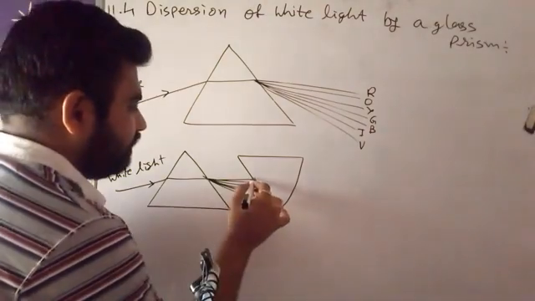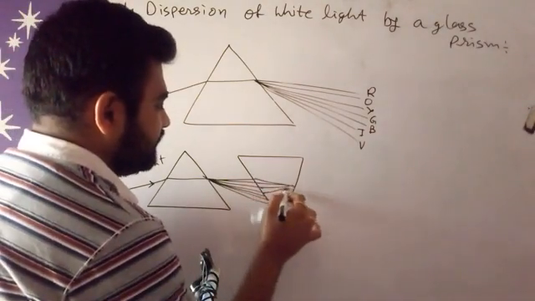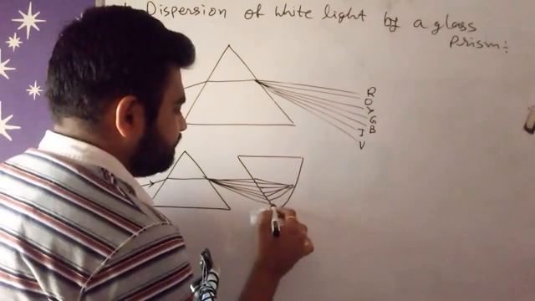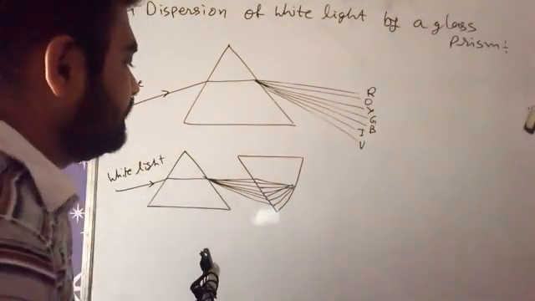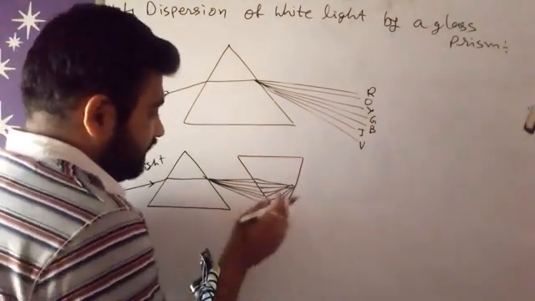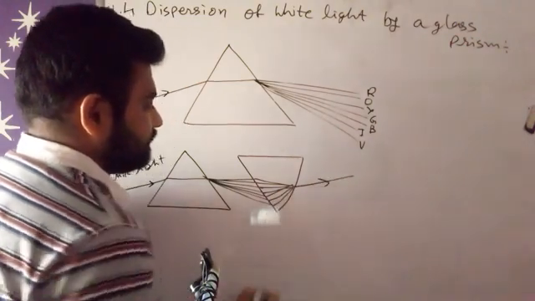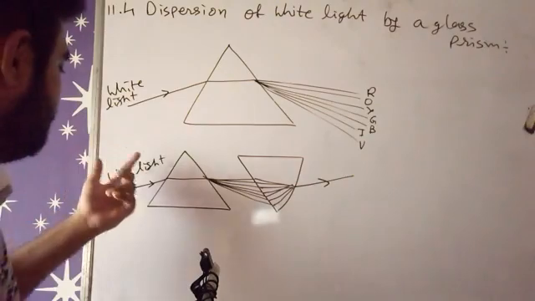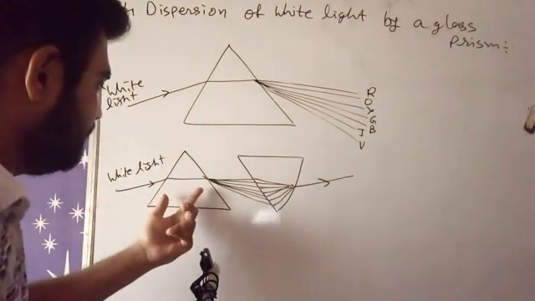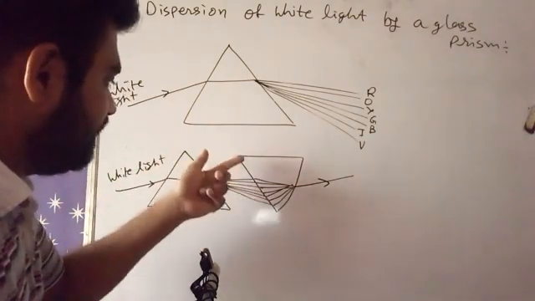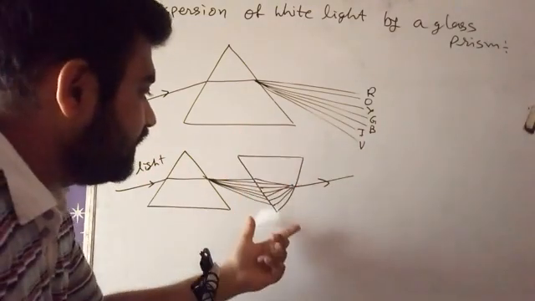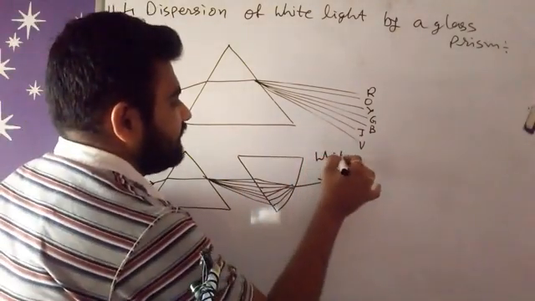But because of the refractions, that 7-color splitting of white light, those different colors, we will now get white light again. Earlier we had white light. Because of the first prism, dispersion takes place, and because of the other, inverted prism, again we get white light as a result.